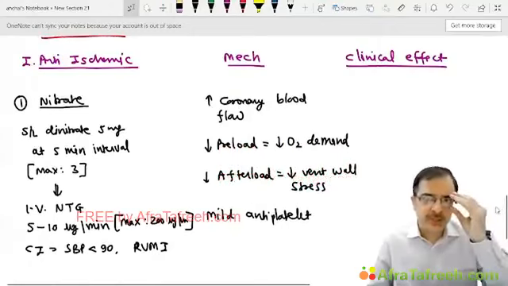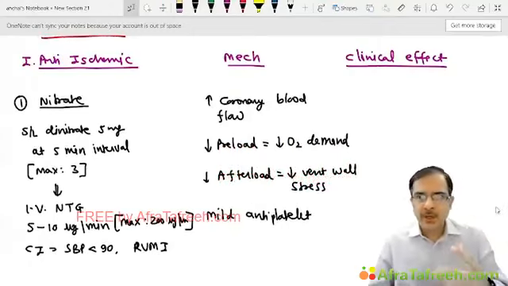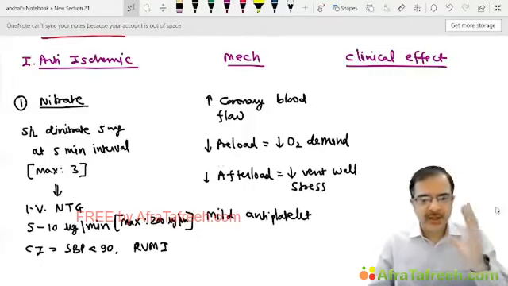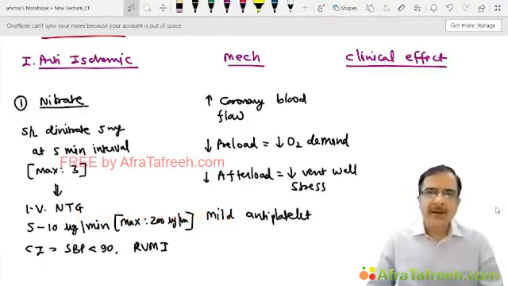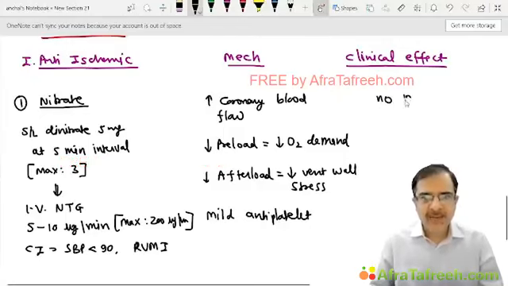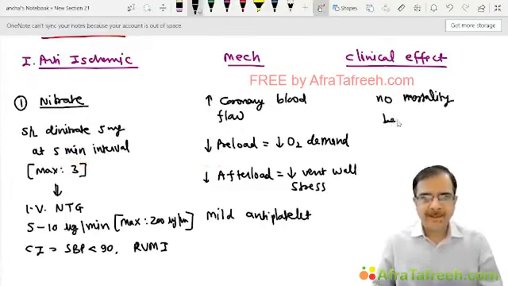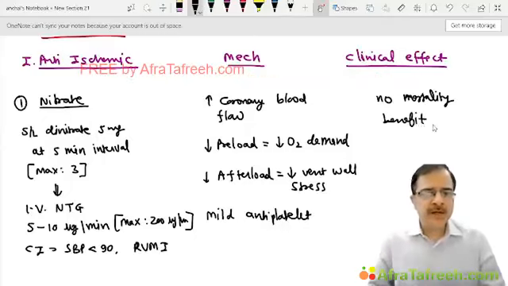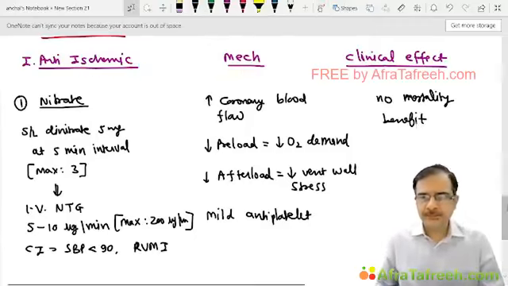Remember, for any new drug which has come for angina or MI, the study says it should decrease the mortality. But unfortunately, nitrate has no mortality benefit.